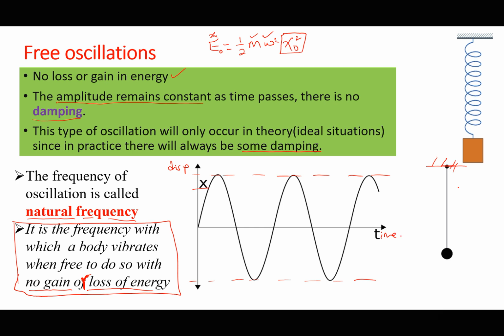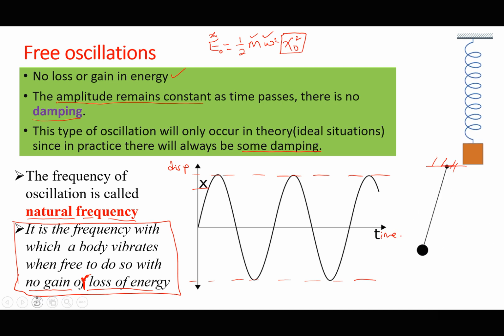But with time, in the laboratory, you would notice that the pendulum comes to a rest, which means it was not really a perfectly free oscillation. So simple harmonic motion was considered or is predicted to be free oscillations, but it is really just an ideal situation. It cannot remain free indefinitely. So that is the free oscillations.